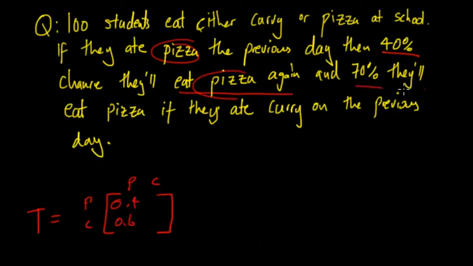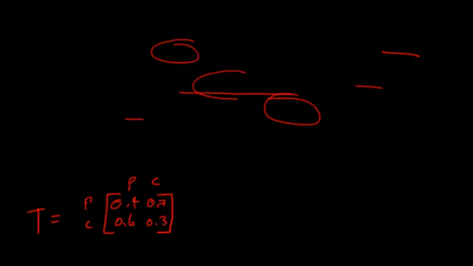And then there's a 70% chance they'll eat pizza if previous was curry, so this is previous, this is current. So this becomes 0.7, and then we'll have 0.3 here. Okay, so we now have this matrix.